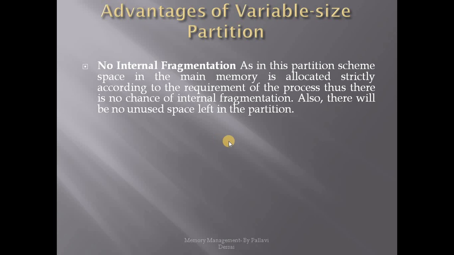First, it has no internal fragmentation, as in this partition scheme, space in the main memory is allocated strictly according to the requirement of the process. There will be no unused space left in the partition.